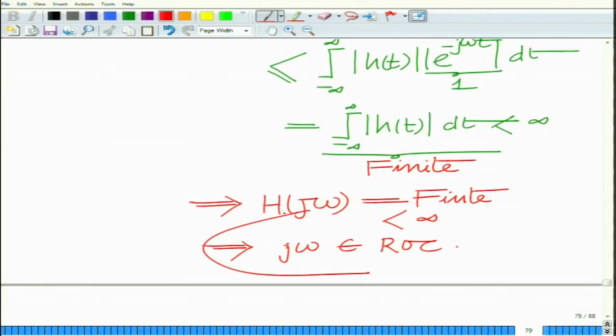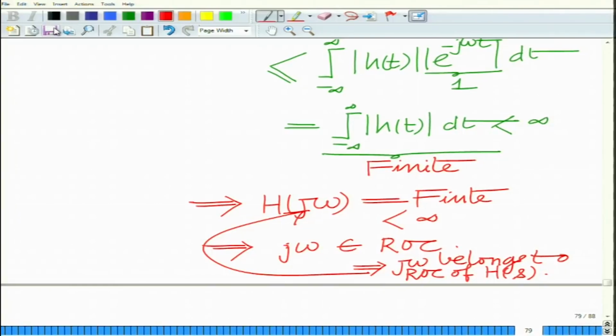Therefore, the magnitude of H(jω) must be finite, which implies the Laplace transform must converge for s equal to jω, which implies that the jω axis belongs to the ROC of the Laplace transform, that is H(s).